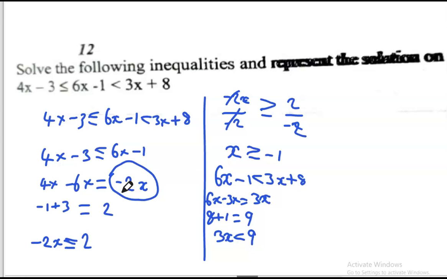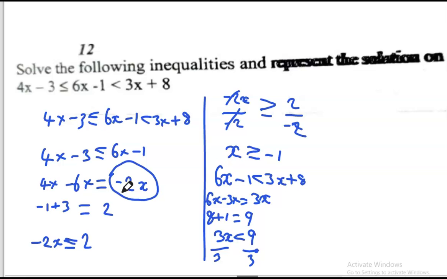Now we divide both sides by 3 in order for us to obtain the value of x. Observe what happened now. Since this 3 is not negative, unlike the previous one where we had negative 2 divided by negative 2, the sign changed because we had less than or equal to 2 and it changed to greater than or equal to.